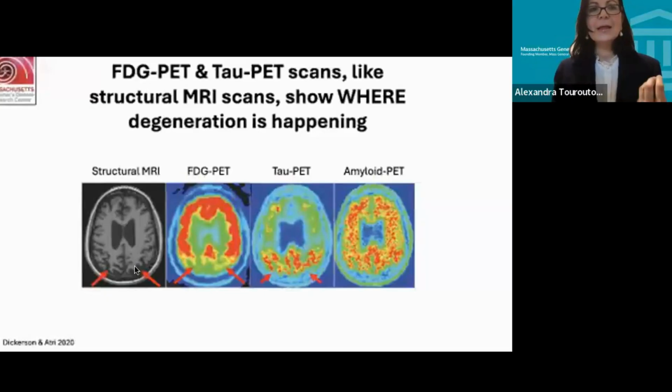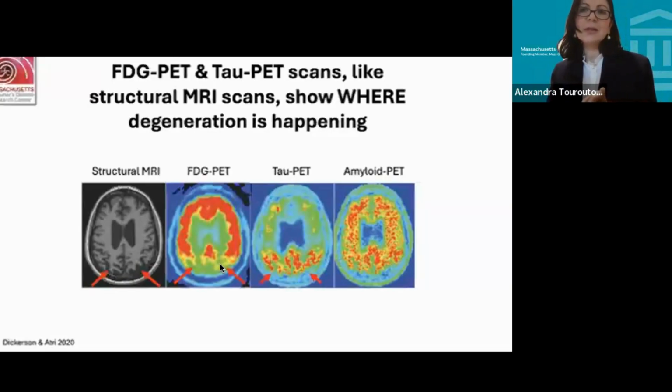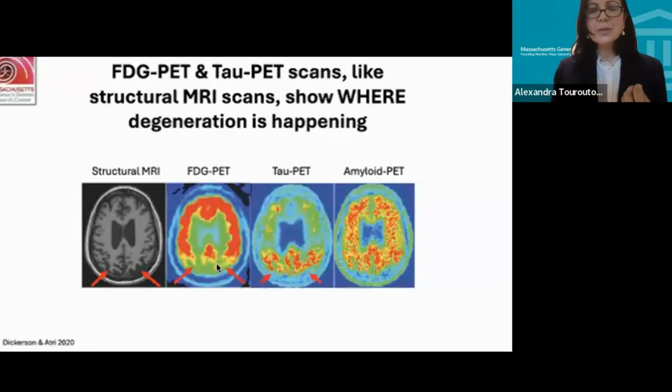Now, in one type of PET, which is called FDG PET, that uses glucose and measures the metabolism of the brain, you can see that exactly at the back of the brain, in these exact regions, there is not much metabolism going on. You see that reflected by the green as opposed to the red, which shows that there is metabolic activity.